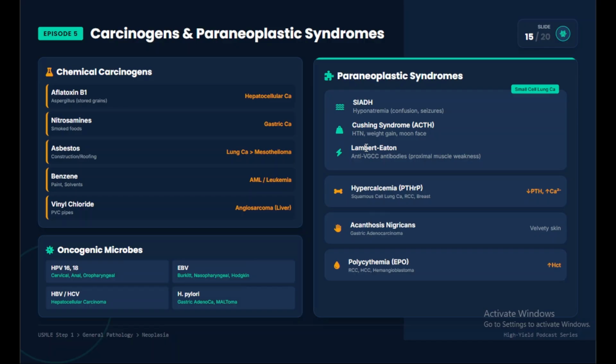The labs often show low PTH and increased calcium because there is increased release of parathyroid-related protein, not actually from the parathyroid. Acanthosis nigricans, which is seen in gastric adenocarcinoma, shows velvety, hyperpigmented skin. Polycythemia, in which there is increased release of EPO, is seen in renal cell carcinoma, hepatocellular carcinoma, and hemangioblastoma, and the lab shows increased hematocrit.